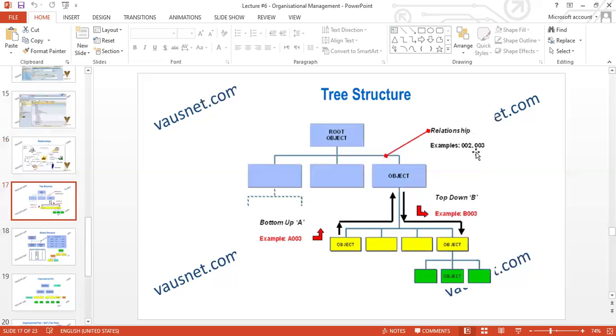So over here, the relationships are bottom up or top down. If it is top down, this object or organizational unit will get reported by these objects or subunits or positions, okay?